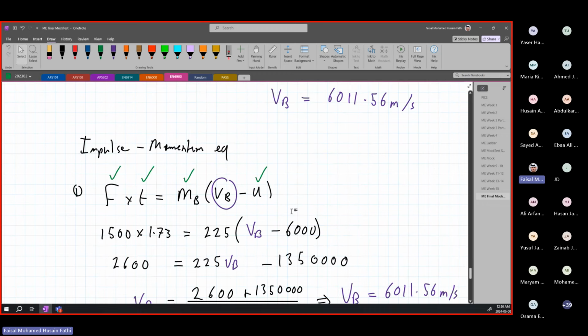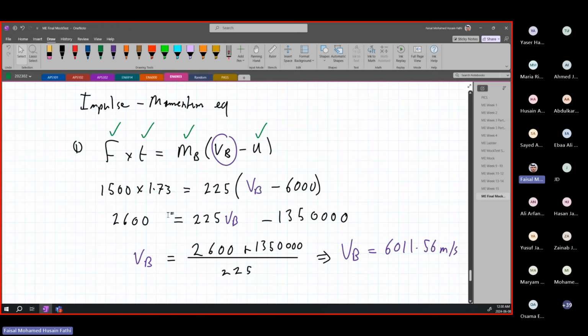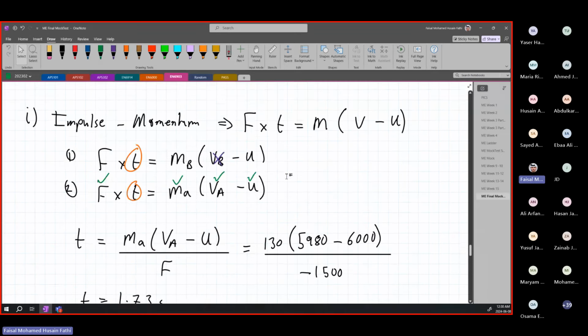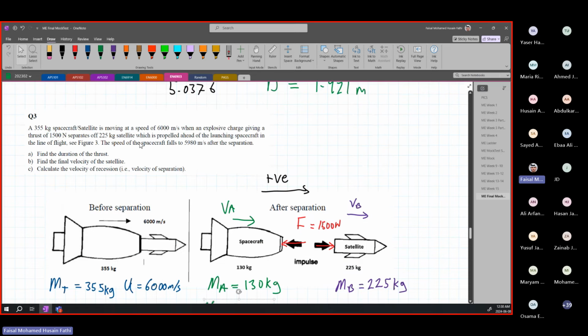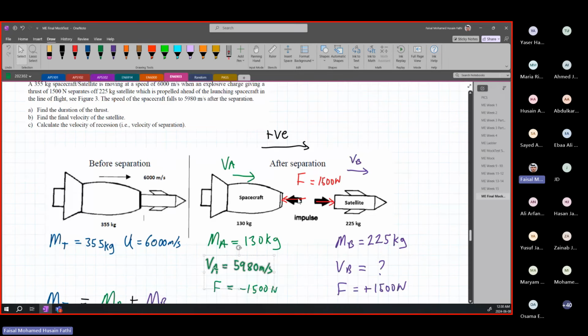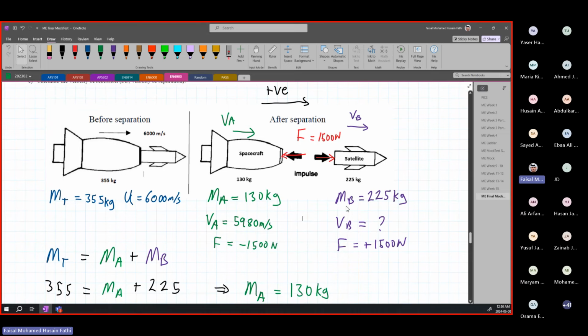As for U and VA, in the question it mentioned that the speed of the spacecraft falls to 5980 meters per second. It means the speed was reduced, not that the direction changed. The speed was reduced, but in the same direction. That is why their velocities are both in the same direction. Okay?